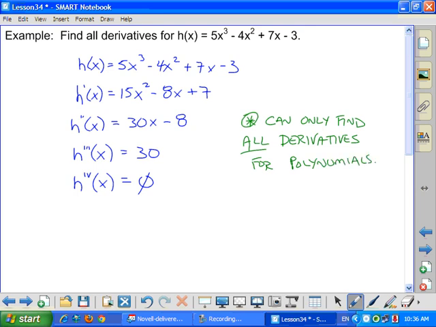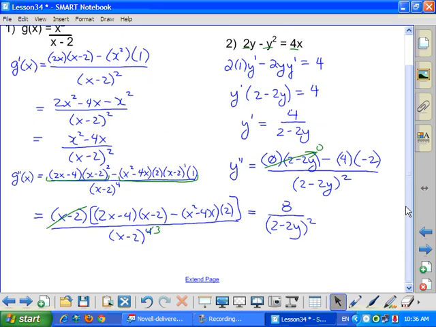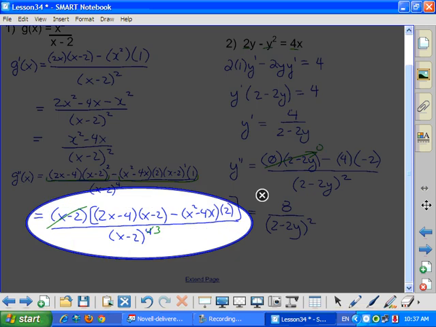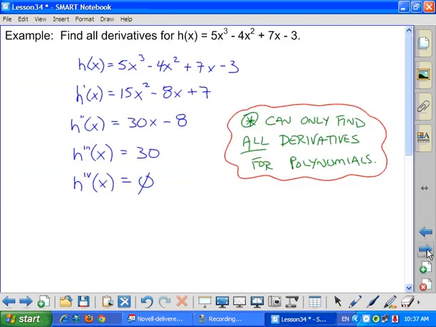Okay, because if we look back here at a previous example, with the implicit, it's going to keep going. Even though there's a constant on top, there's still a derivative on the bottom. If you look at the g of x function here, this one, you'll never ever get it down to 0 because there's always variables, there's always material on top. So it only works for polynomial functions.